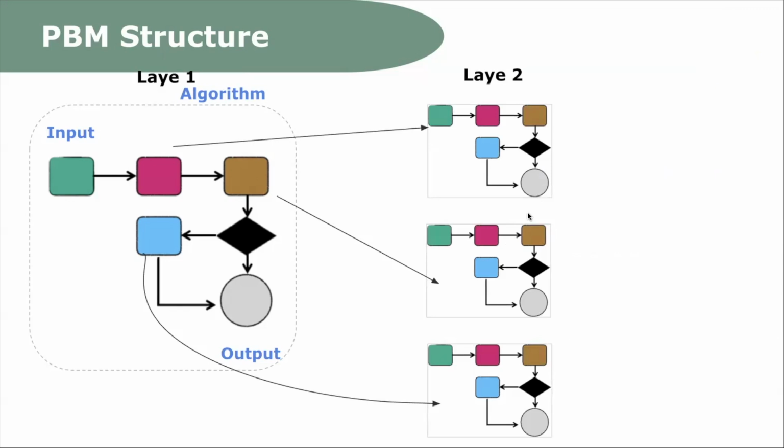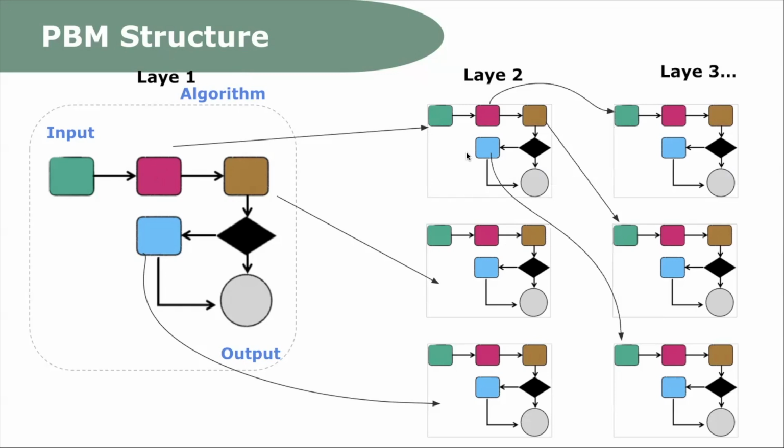But in the process-based model, it's not just one layer. For each variable, as we mentioned, they can also have their own models of functions or equations. So we will have the second layer. And we can also assume for each second-level variable, they may have a third one.